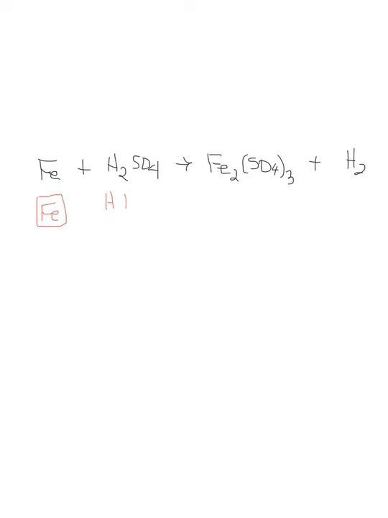You can keep them together. Visually, it helps me see those separate. But this SO4, this sulfate, is a polyatomic, so I'm going to keep those together. I'm not going to draw it out S, O. I'm just going to leave it SO4. And I only have one of them.